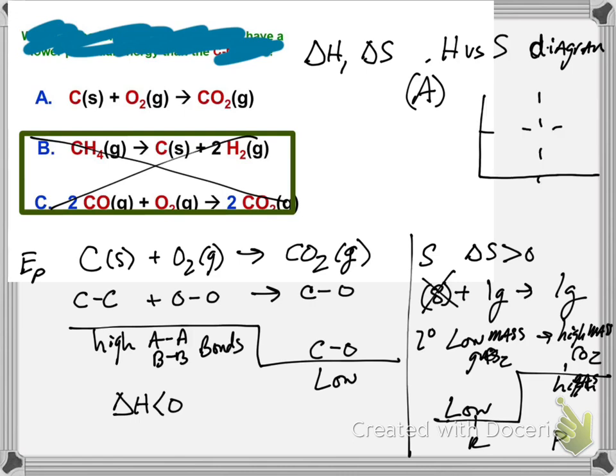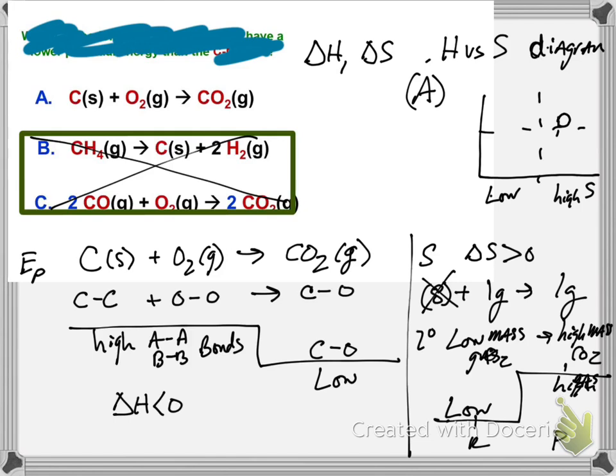All right, so I'm going to show you how I build H versus S curves. The first thing I do is mark with a dash the entropic product. I look at where the product is, and the product is at high entropy, so I draw it to the right along the dashed line.